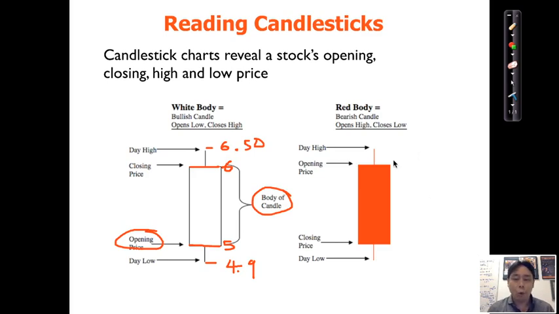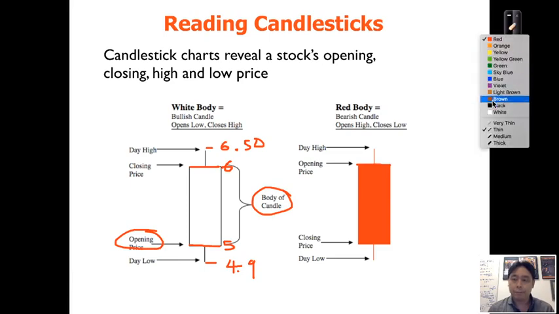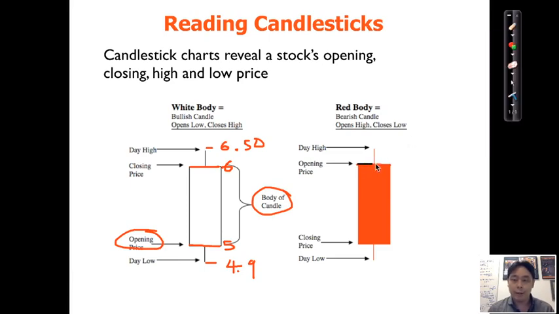For a bearish candle, the opening price is at the top of the body. The closing price is at the base of the body. The day high is similarly at the upper shadow, and the day low is at the lower shadow. All right, so for a bearish candle it's open, close, high, low, and for a bullish candle it's open, close, high and low.